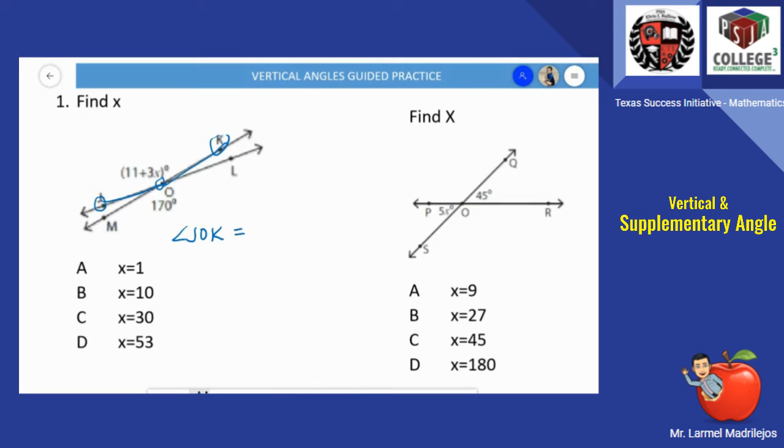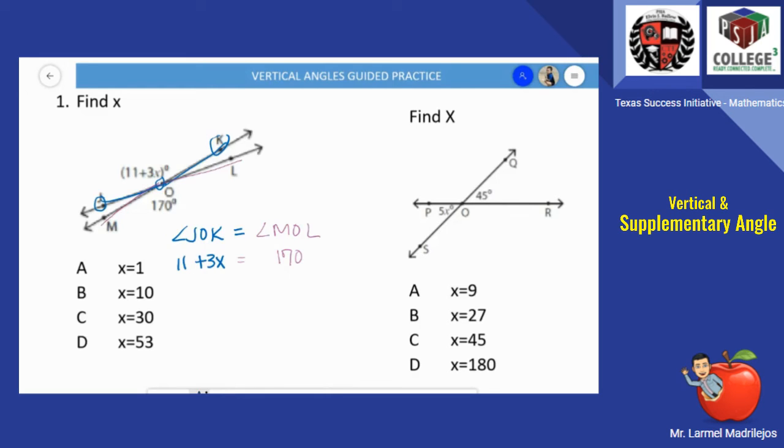Remember, we talked about vertical angles earlier. But angle MOL is 170 degrees, while JOK is 11 plus 3x.